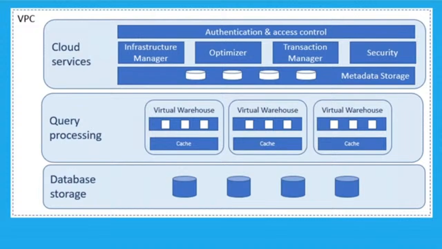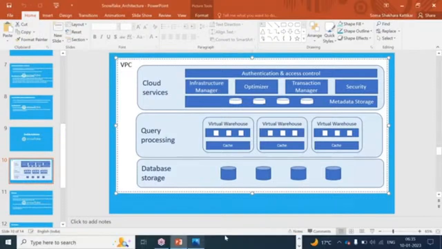You just can't see those physical devices. I will show you how to create virtual warehouses and how they look. You need to create a virtual warehouse. This is also one of the objects, like how you create a table. So a virtual warehouse is also one of the objects in your Snowflake that you are going to create.